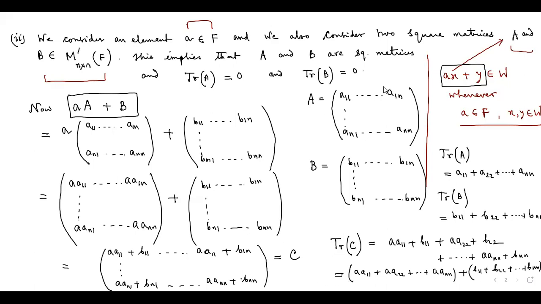And you know that A11 plus A22 plus Ann is 0, and B11 plus B22 plus Bnn is 0. So this term is 0, the second term is 0. So trace of C is equal to 0, which implies that aA plus B belongs to M'n×n(F).